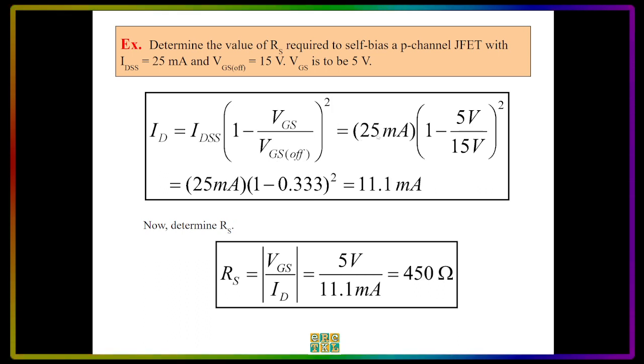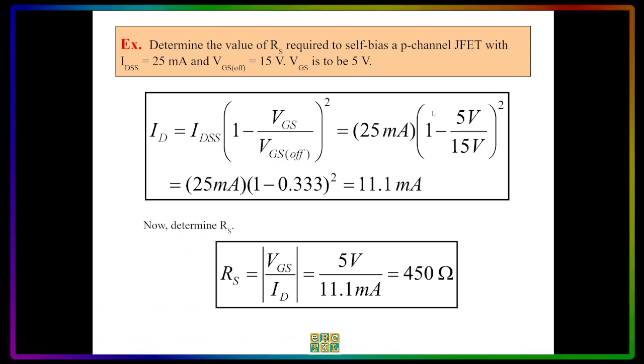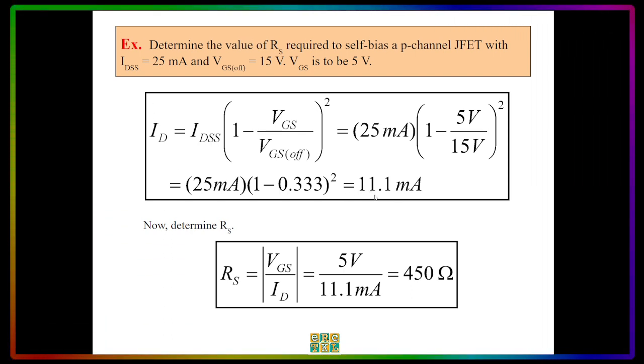So ID is 25 milliamperes multiplied by 1 minus 5 over 15, raised to the second power. After subtracting, that will be 1 minus 0.333 without any unit, raised to the second power. And the answer will be 11.1 milliamperes.